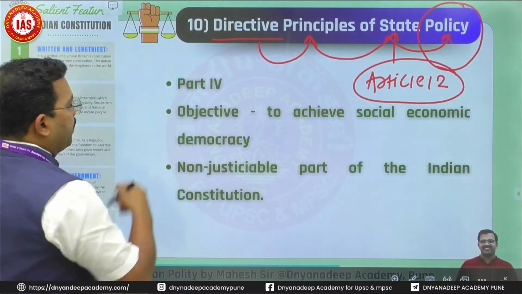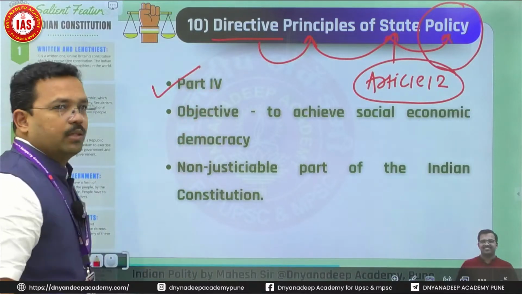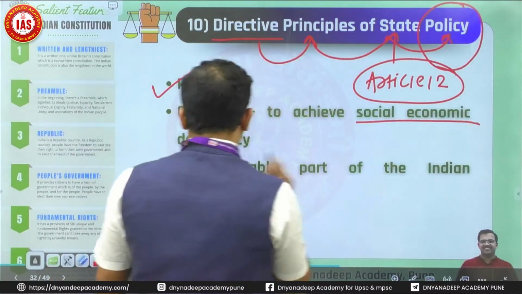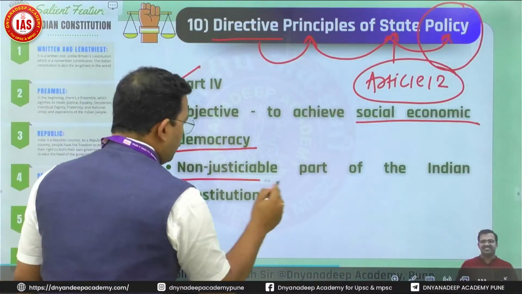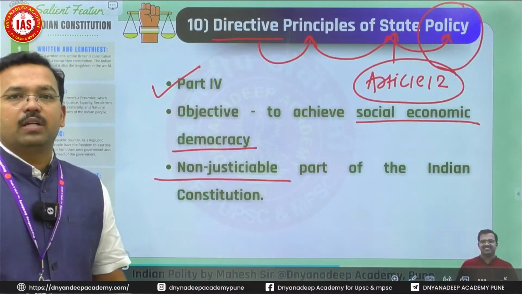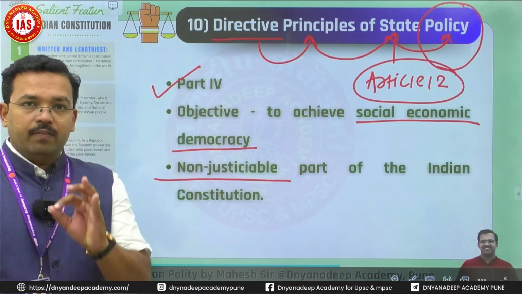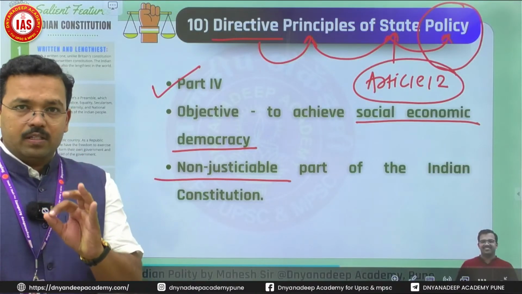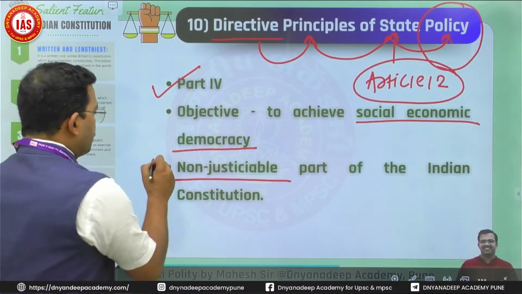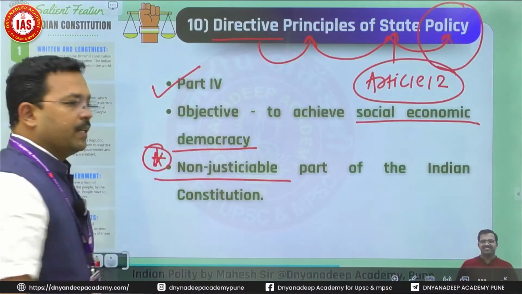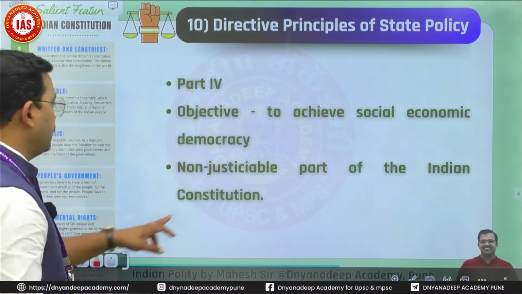It is given in part 4. Its objective is to achieve socio-economic democracy. It is non-justiciable part of the Indian Constitution. Remember where I used word justiciable, non-justiciable, and I will star mark the points which are important for our prelims. So DPSP is non-justiciable part of Indian Constitution.